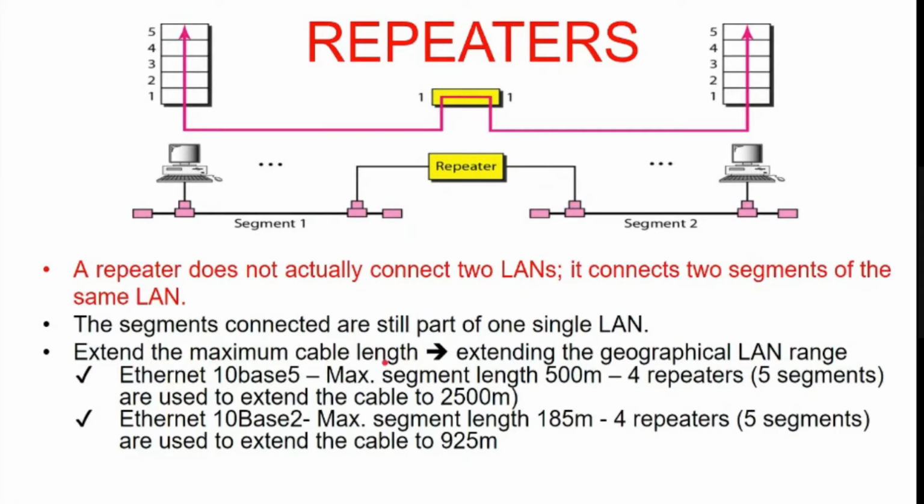So how long is the extension? The length of the extension depends on the category of the repeater. The first category is Ethernet 10Base5. The maximum segment length is 500 meters, with 4 repeaters or 5 segments.